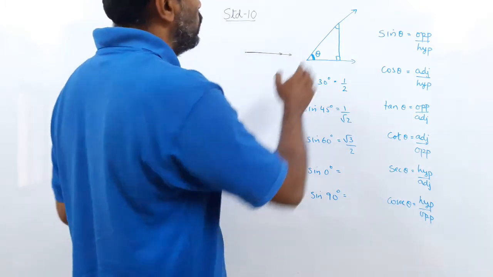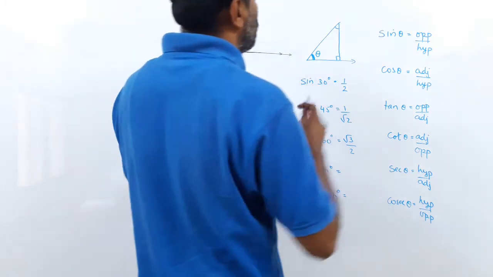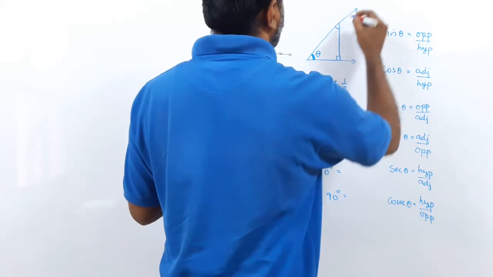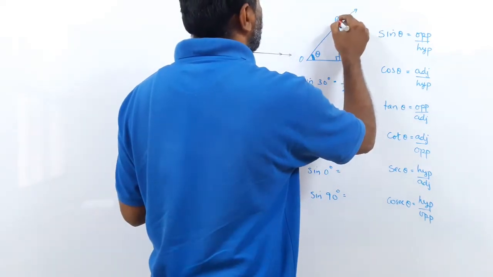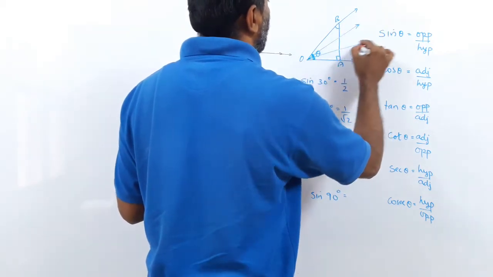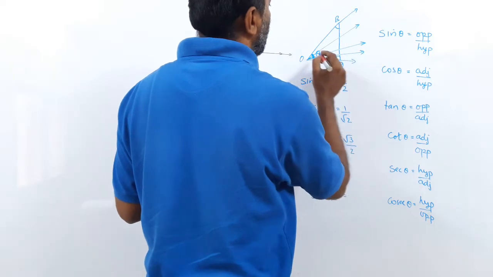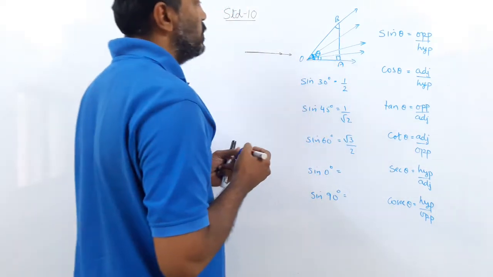How does it become 0? For this ray to become 0, it has to be reduced. So, if I turn this ray, say this is ray OB and this is A, if I make OB like this or like this or like this, what I have done is make the angle smaller, smaller and smaller, right?